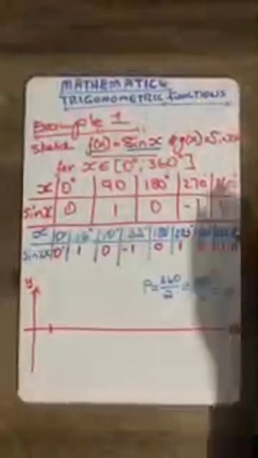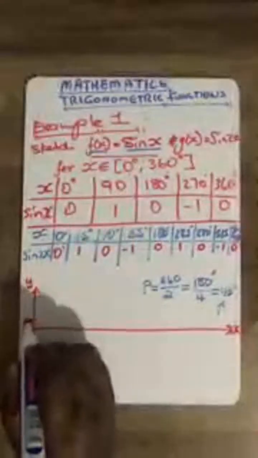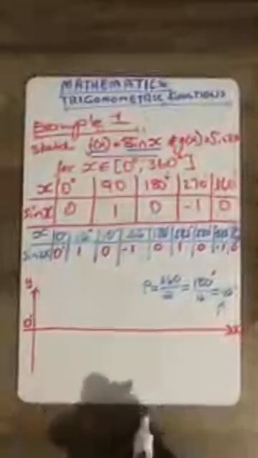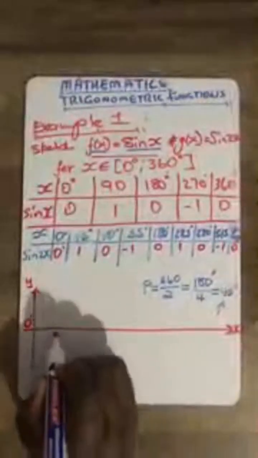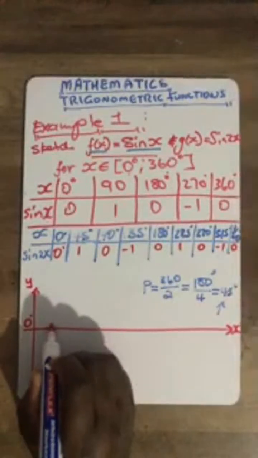So can you guys see? Now you need to represent this information on that number line. So obviously, this is where you are having your 0 degrees. So it is obviously best for you to space it at 45.